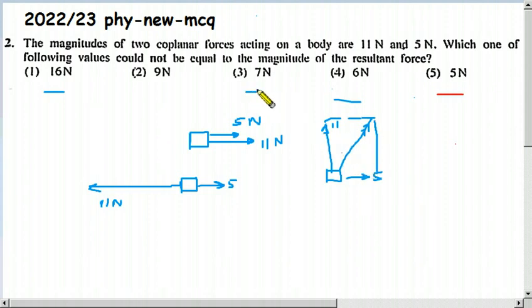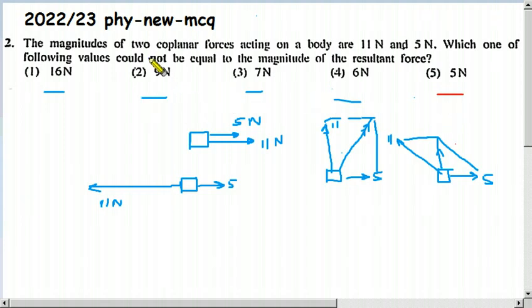So it might be 7 or it might be 9 even, because these two values are between 5 and 11, and they have not given the angle as 90 degrees. It may be any value like this. So according to that, we get a certain resultant, but it should be between 11 and 5. So these two we get.